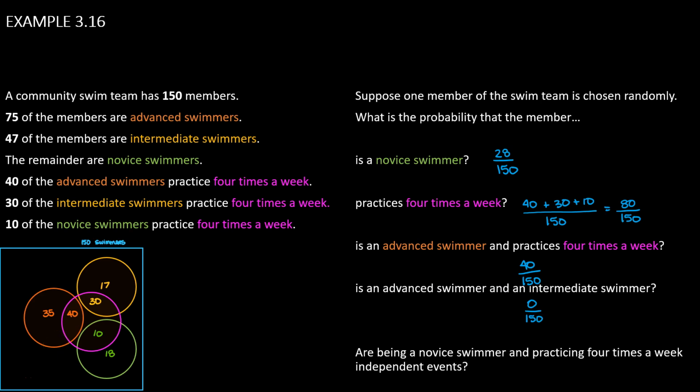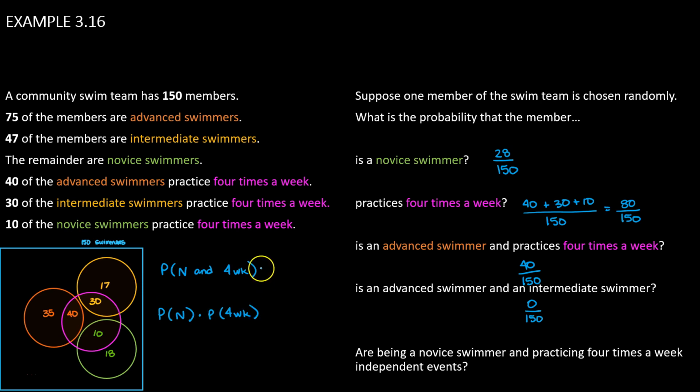Are being a novice swimmer and practicing 4 times a week independent events? Well, if they are, then the probability of being a novice swimmer and practicing 4 times a week would be exactly equal to the probability of being a novice swimmer multiplied by the probability of practicing 4 times a week.